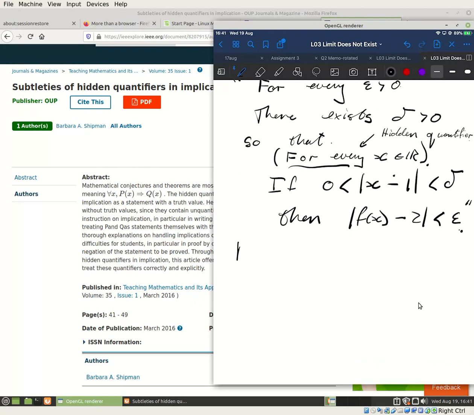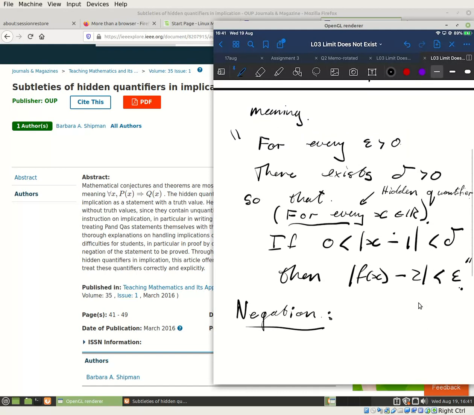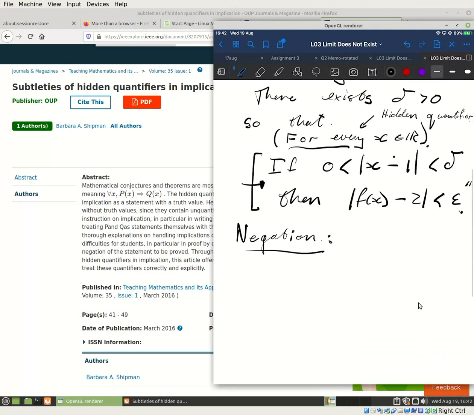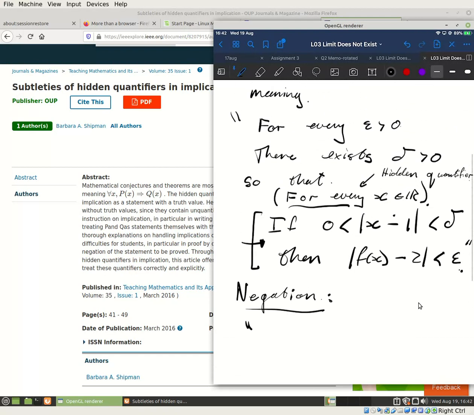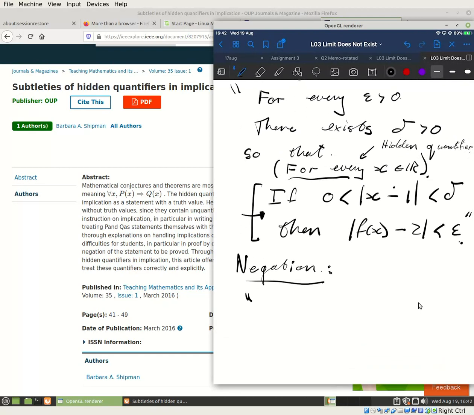So let's write down the negation. Before we do that, how do we write down the negation of a quantified statement? We flip all the quantifiers and we negate the predicates. And careful here, we are dealing with an implication, so that requires special care when we negate it. So the negation is: for every epsilon becomes there exists an epsilon greater than 0, so that for every delta greater than 0.